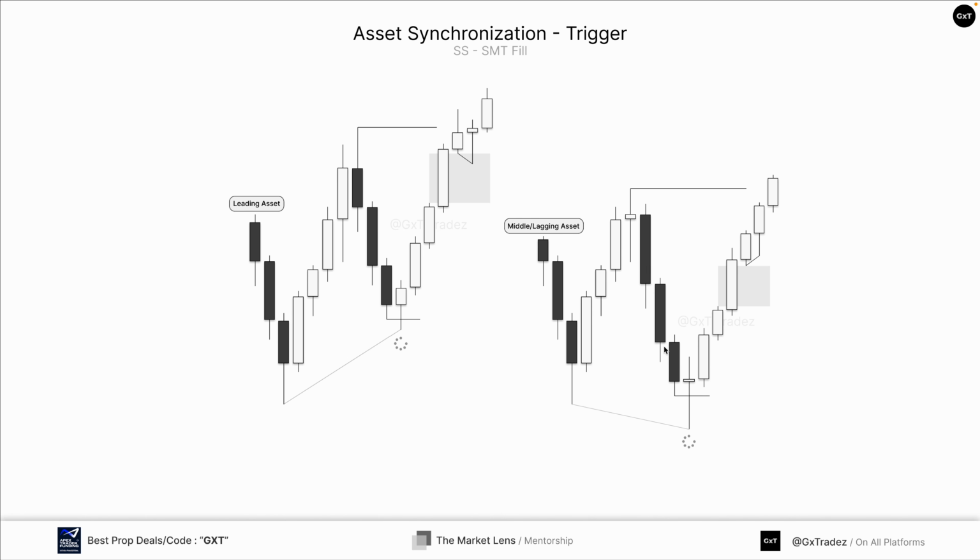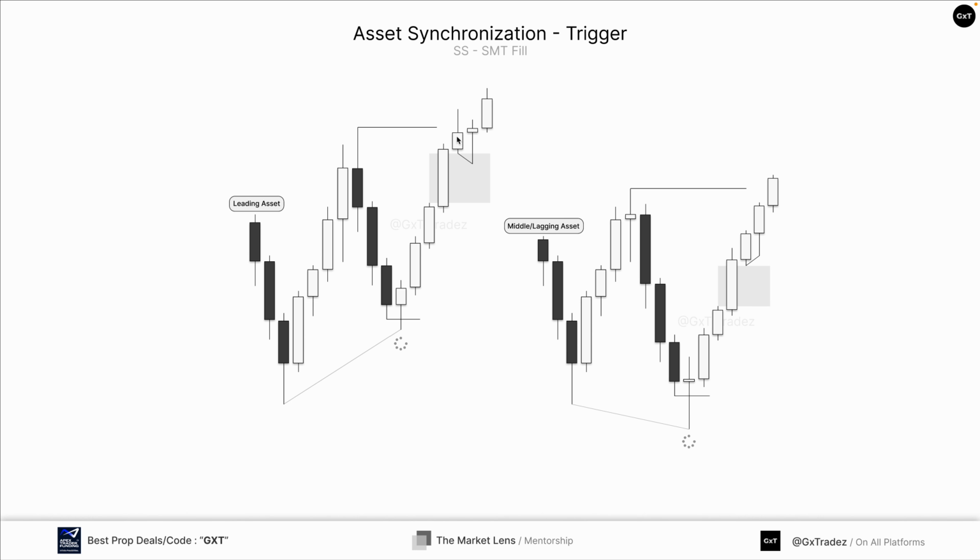Now we're going to get into asset synchronization. So we're going to apply those filters, and we're going to wait for specific triggers to resync the market. We already went over some strength switching for reversals. We're going to apply those same three ways that markets resync, those strength switching variants, to asset synchronization.